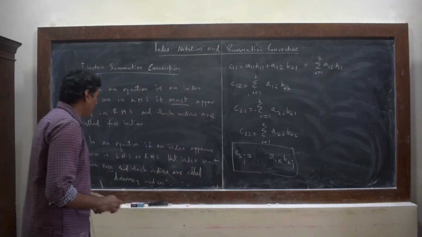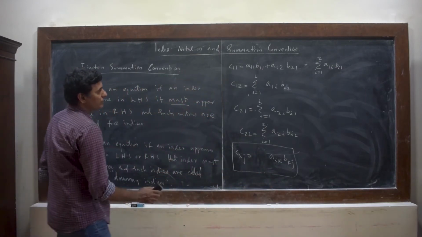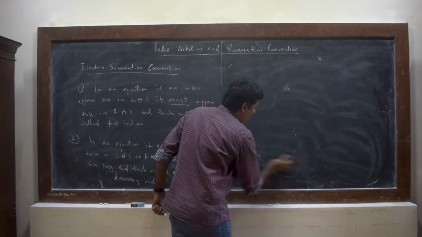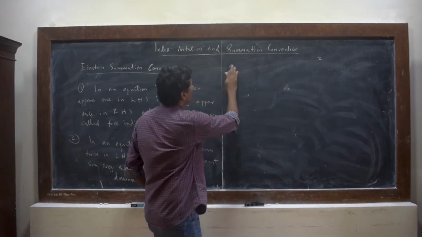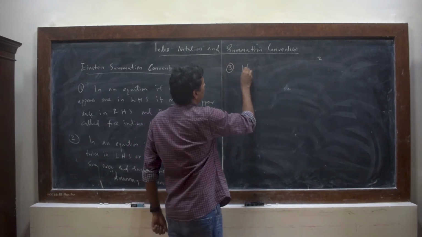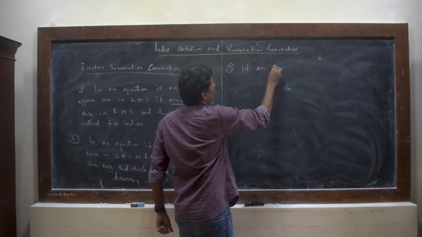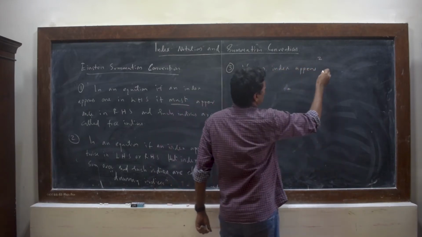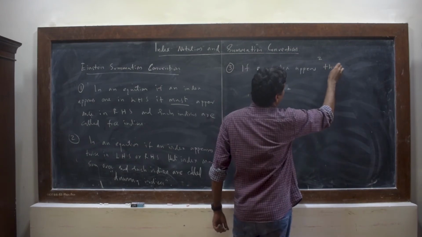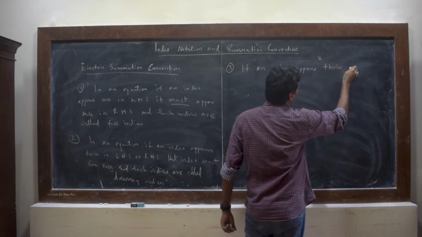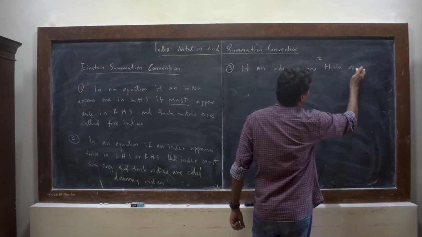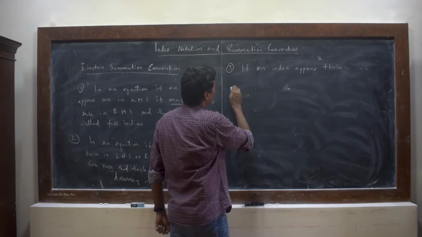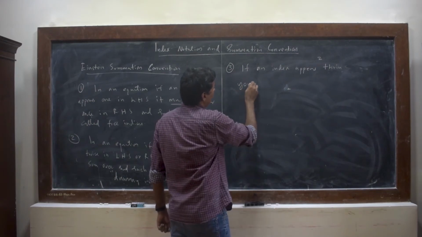That is the second point, and the third point is that if an index appears thrice or more than thrice, then you can conclude that you made a mistake.